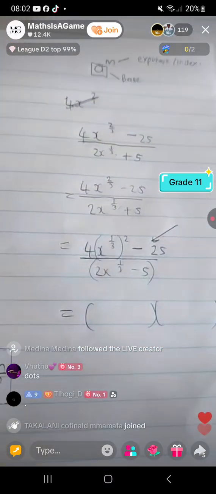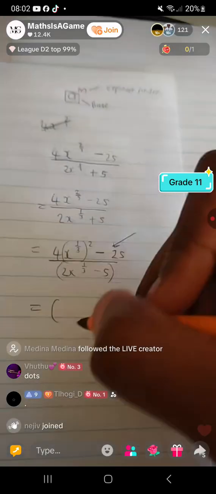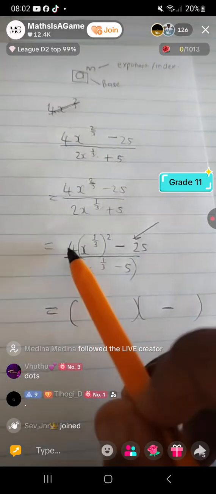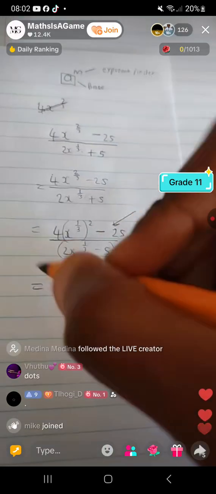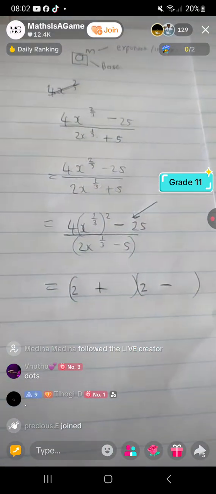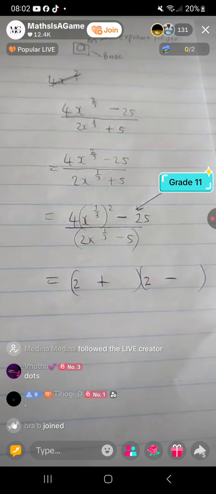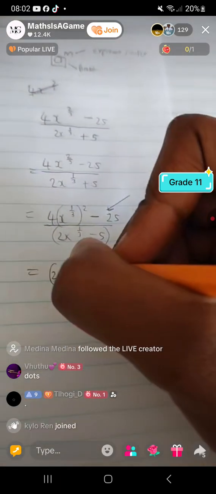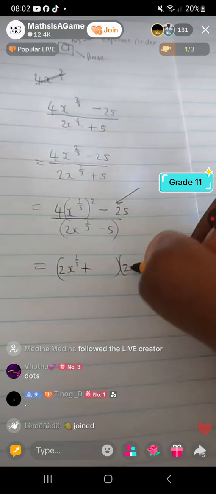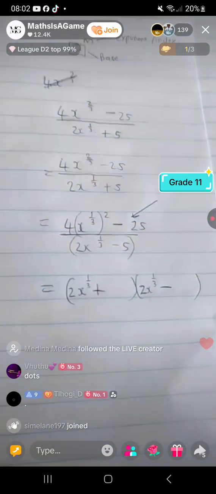We open 2 brackets. We know there's always going to be a plus and a minus sign immediately. What is the square root of 4? Then the x to the power 1 over 3, 1 over 3.